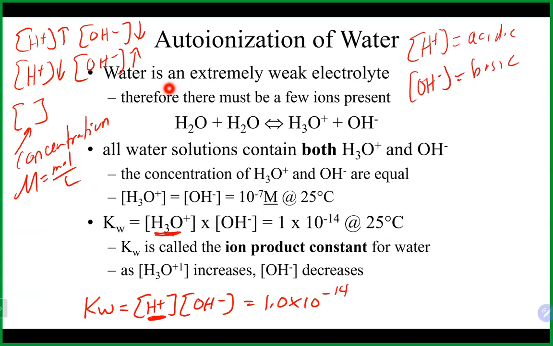By comparing the concentrations of each, we can determine whether the solution is acidic, basic, or neutral. 1 times 10 to the minus 14, the value of KW, is a number you should remember. You always have it available, and it is usually never given to you in problems, so you have to remember to use it.